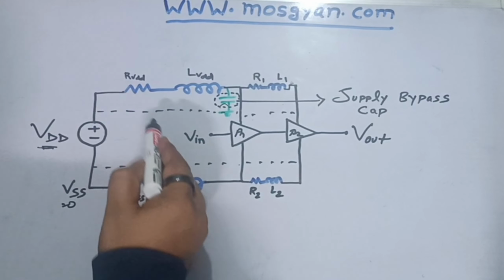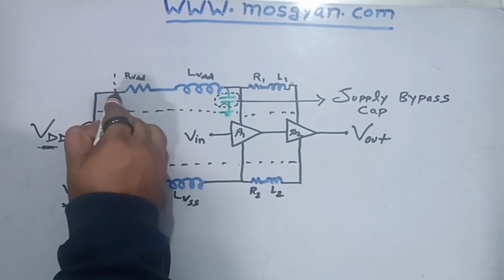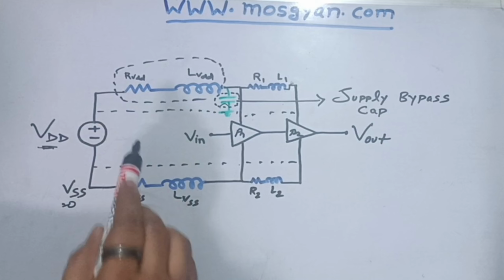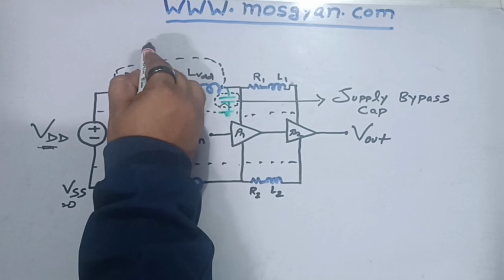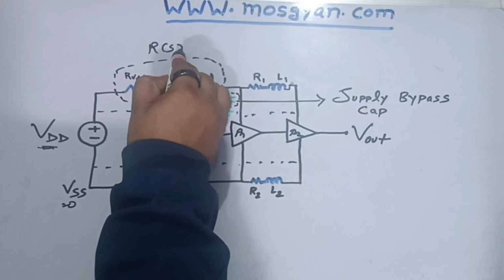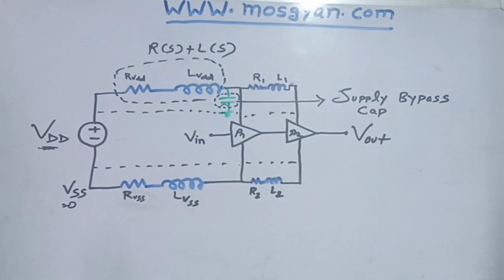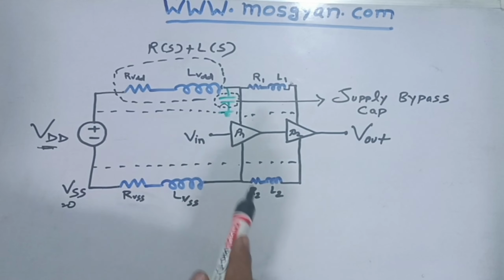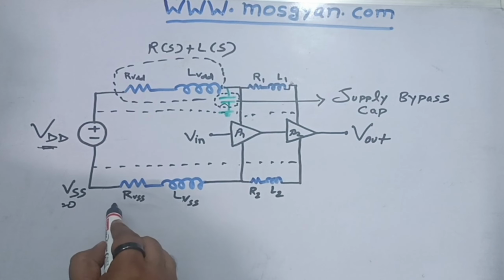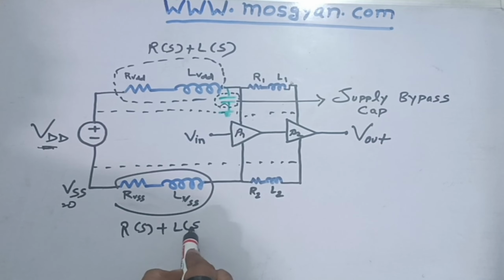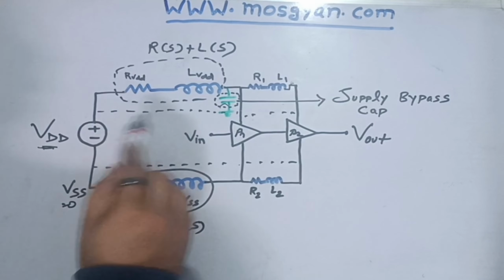If we talk about the impedance in the supply, between the supply and the first op-amp we will see an impedance equal to Rs plus Ls in the frequency domain. And similarly, between ground and the first op-amp we will also see Rs plus Ls. The values of Rs and Ls depend on the length of this metal wire.